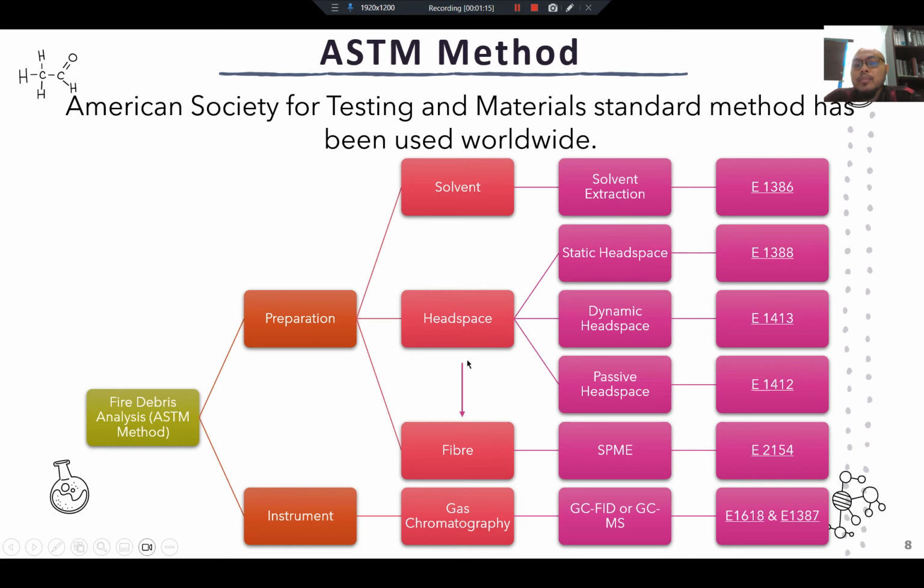The fiber is a quite advanced technique where we use the SPME fiber, solid phase microextraction fiber. Later you can click this link, which can provide you a specific standard procedure.